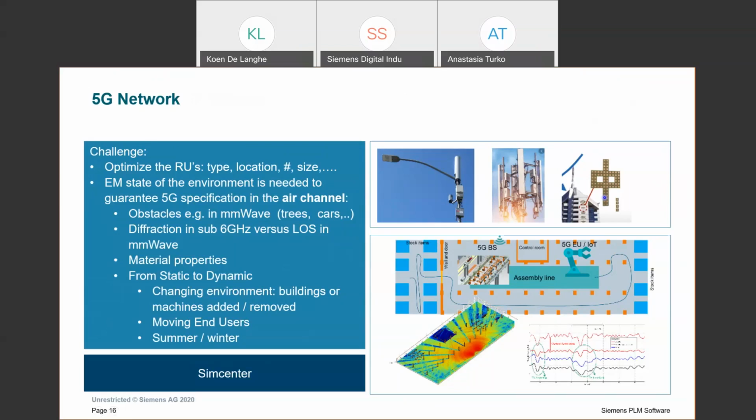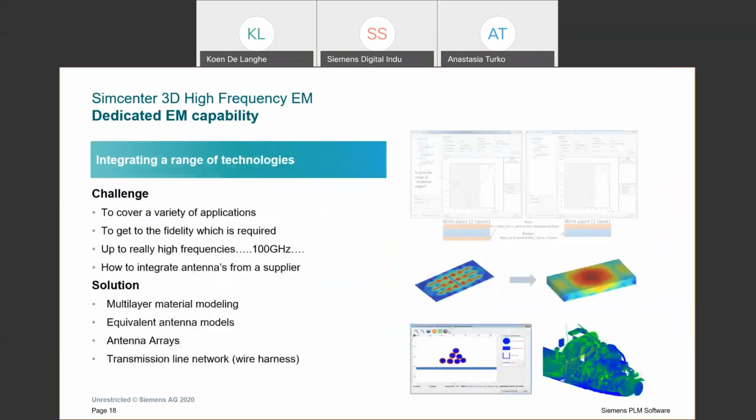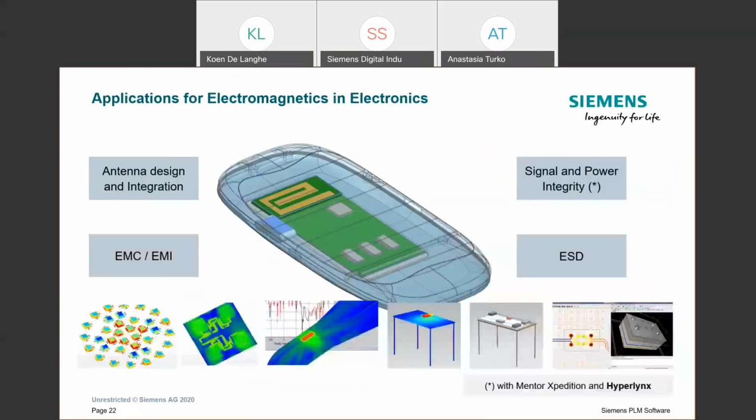Koen? Okay, so I will skip a few slides because we have been running a little bit late. Just one more slide before we go to the demonstration. So if you look at electronics industry, the application for using CEM, computational electromagnetics, is primarily around antenna design and integration. Many devices will get communication, Wi-Fi or wireless communication possibility. There is the aspect of interference, compatibility, EMC, EMI.